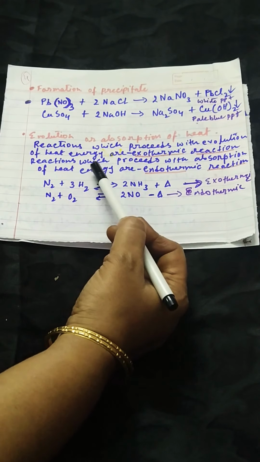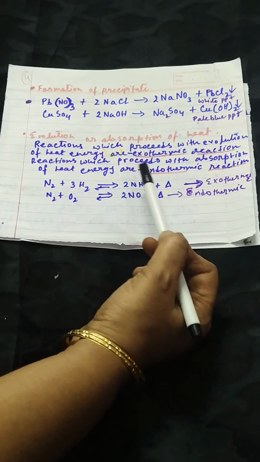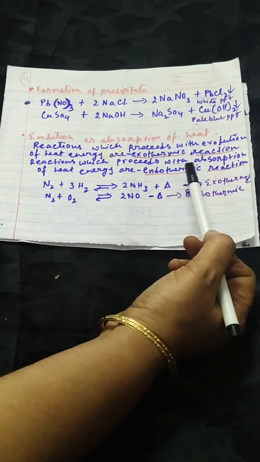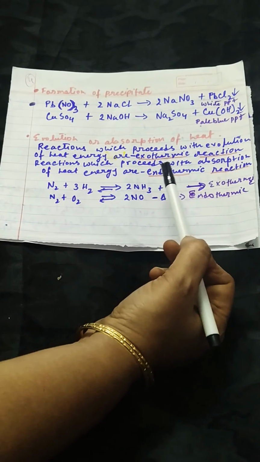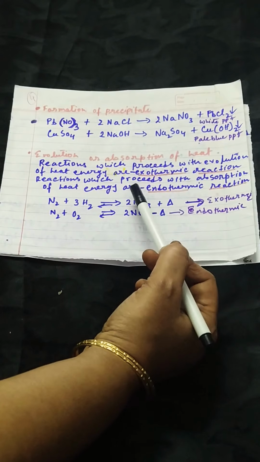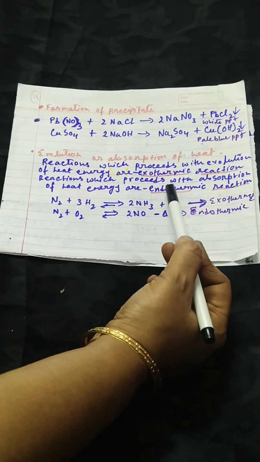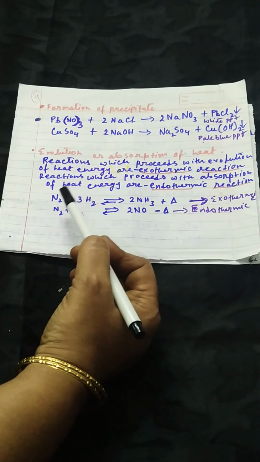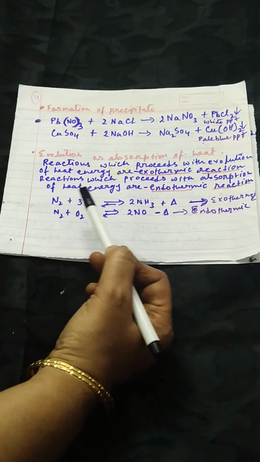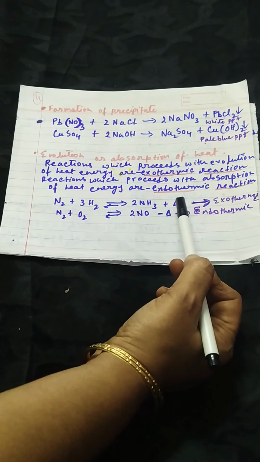When a chemical reaction proceeds with the absorption of heat energy, we call it an endothermic reaction. Endo comes from entrance, that means absorption of heat, and those types of reactions are known as endothermic reactions. For example, nitrogen plus hydrogen gives us ammonia plus heat.